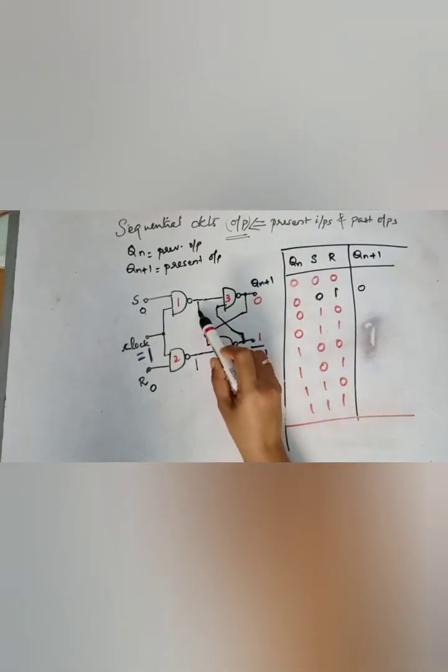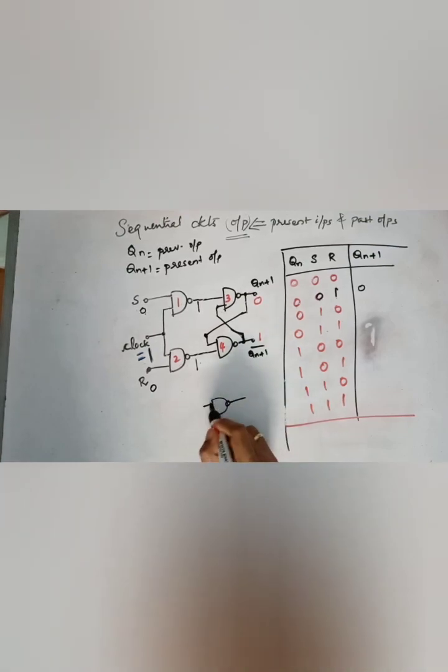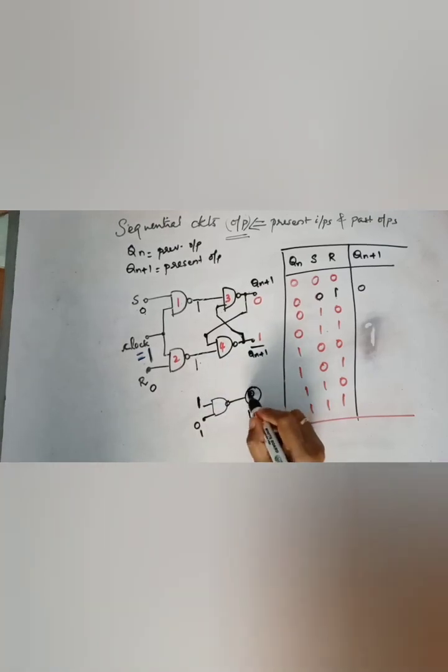But in this case, both these are 1. If for a NAND gate you have two inputs, and one is a 1, you can't say what the output is unless and until you know what the next input is. So if this is 0, this is 1. If this is 1, this is 0. So with one of the inputs as 1, you cannot predict the output.